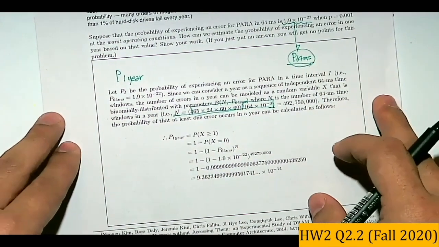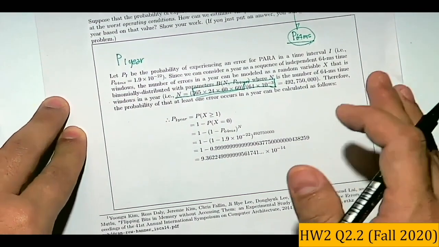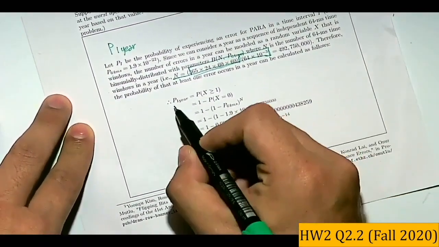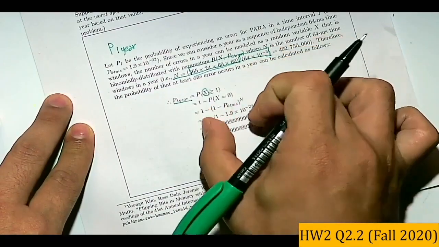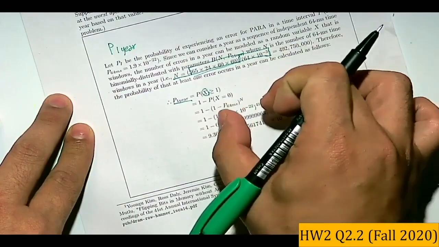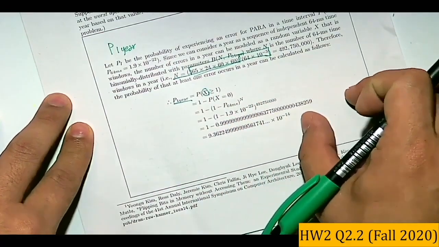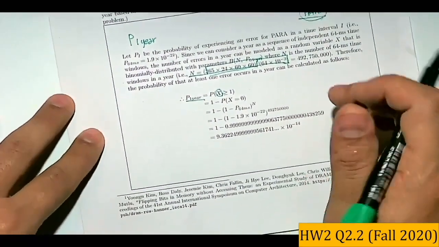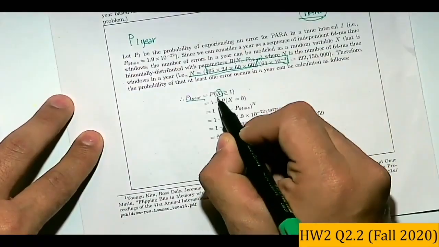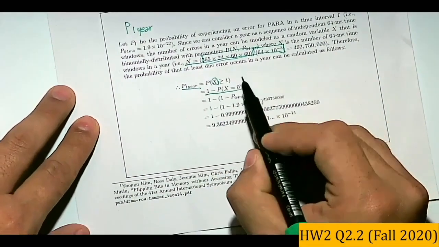Therefore, the probability that at least one error occurs in a year can be calculated as the probability that the variable x is larger than or equal to 1. Because x is a discrete value, we can simply know like this.